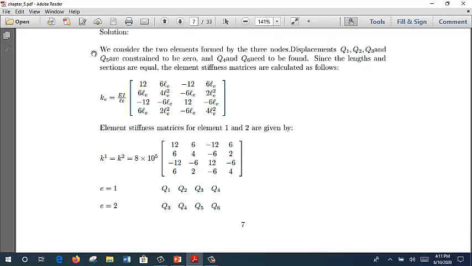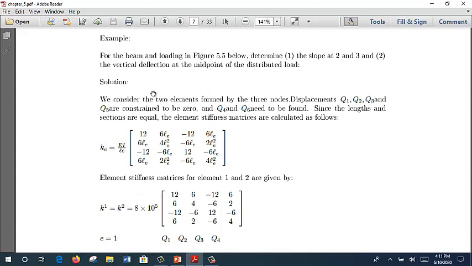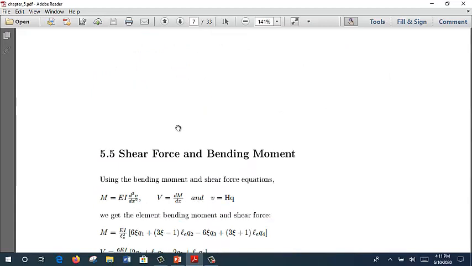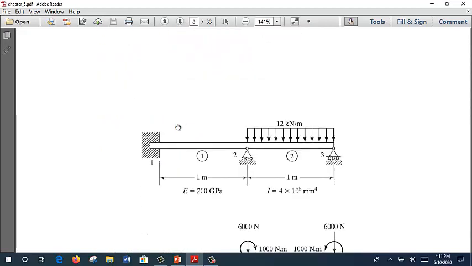Okay, so that's the thing that you need to find. For the solution, I think this is similar to the previous solution that we did. First of all, we need to calculate the stiffness matrix. We consider the two elements formed by 3 nodes. Displacements Q1, Q2, Q3 and Q5 are constrained to be 0. Am I right? Let me see whether it's correct or not.